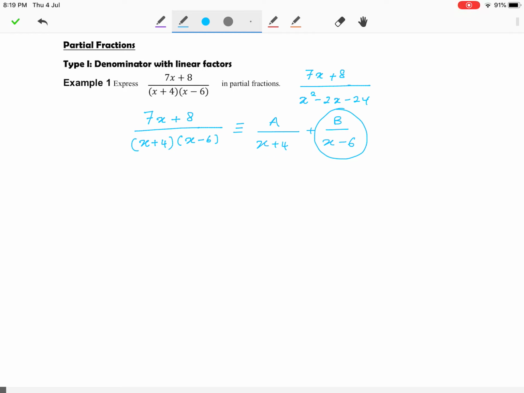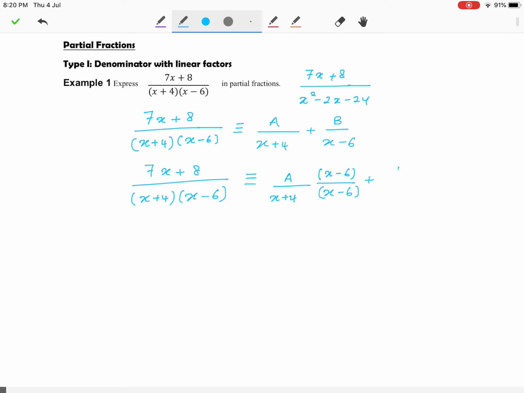So if we go back to this form, what you do next is just like doing normal addition of fractions, so you make the denominators the same. If you do that, what you have is 7x plus 8 over x plus 4 times x minus 6 identical to or equivalent to a over x plus 4, then I multiply by x minus 6 over x minus 6.